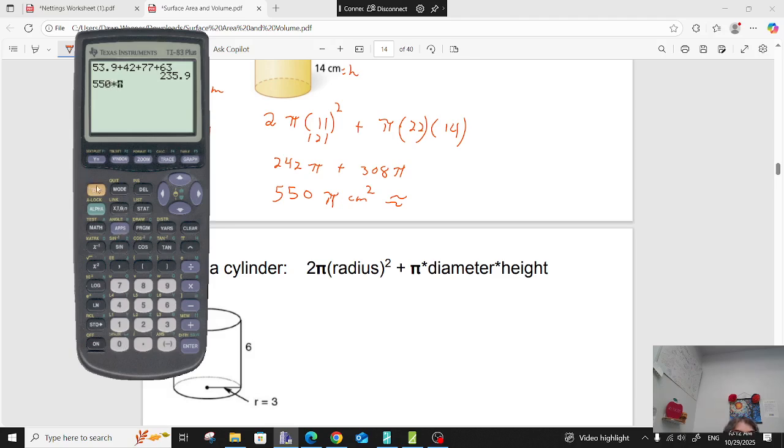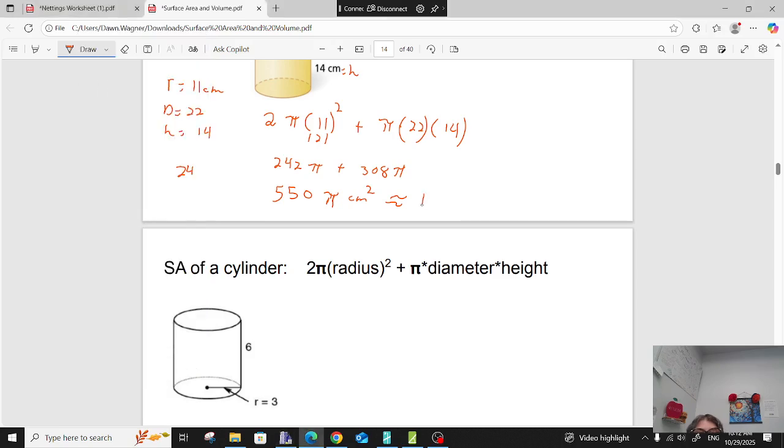Those blue calculators have a pi all by itself, right? And that would be 1727.9 centimeters squared. See how I always give two answers?